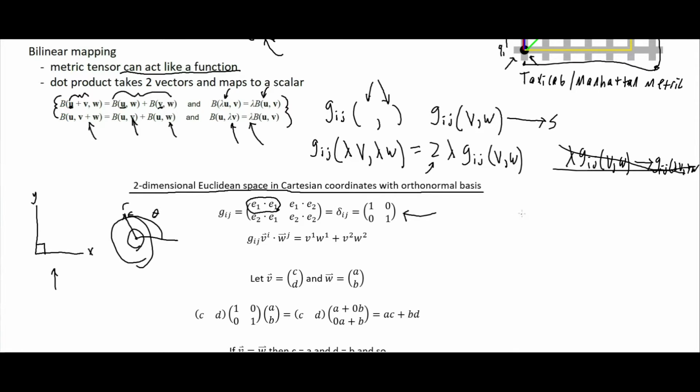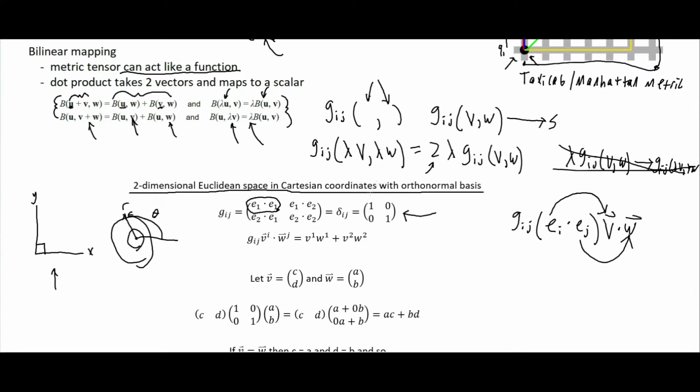If we have G_ij like this, we could have e_i dot e_j. Then if we are acting on some vector V and some vector W, the e_i only affects the V and the e_j only affects the W. And that's that bilinearity. That's why we have to have the two bases in each entry in our matrix here.